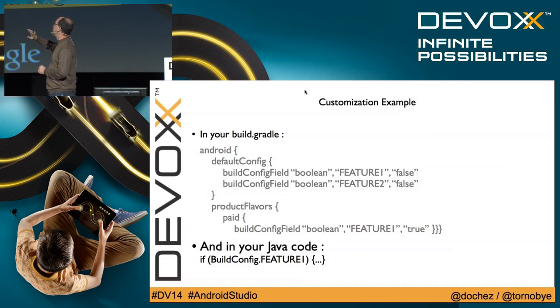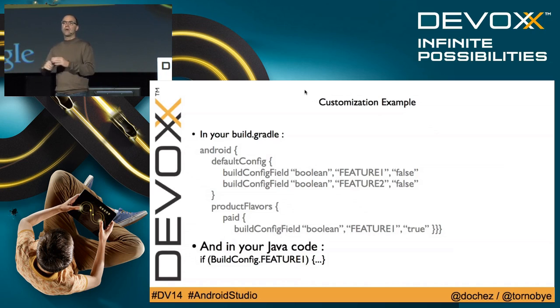So if you want a quick way of saying I want certain things to happen in certain conditions, you can do that very quickly through what we call build config. You still have to declare your build configs, your product flavors, sorry, but you do not have to move your code around, right?